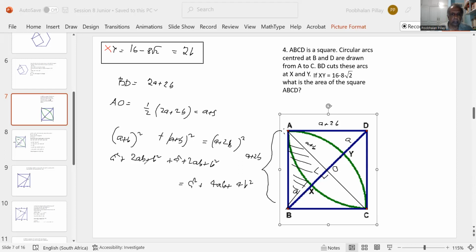So if you take all the A squareds out, you got 2A squared on one side, and 1A squared here, so that's A squared. 2AB plus 2AB is 4AB, and 4AB on this side cancels. And the B squareds, you got 4B squared on this side, and 2B squared on the other side. If you bring it to the other side, you got 2B squared.